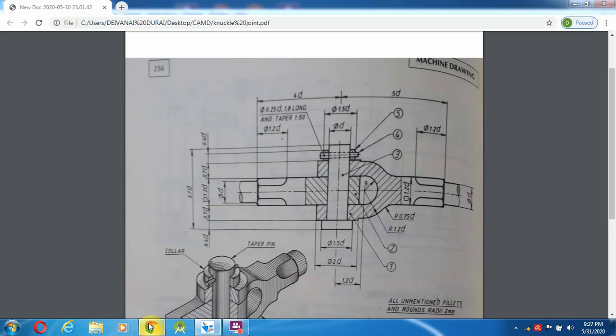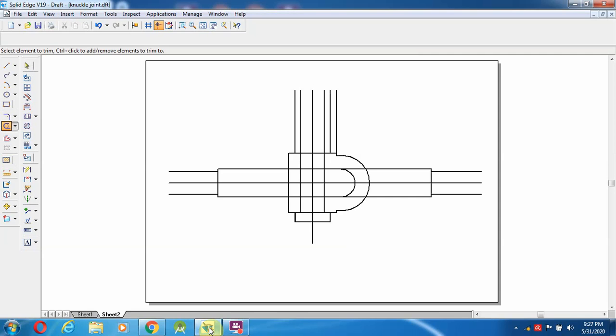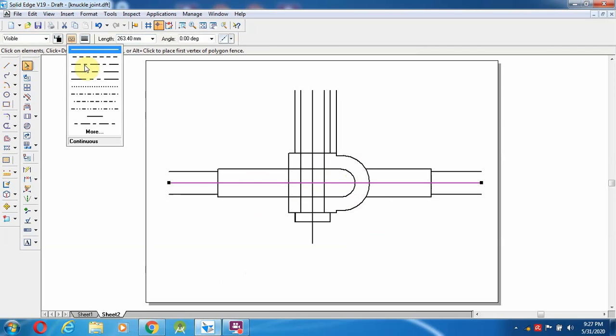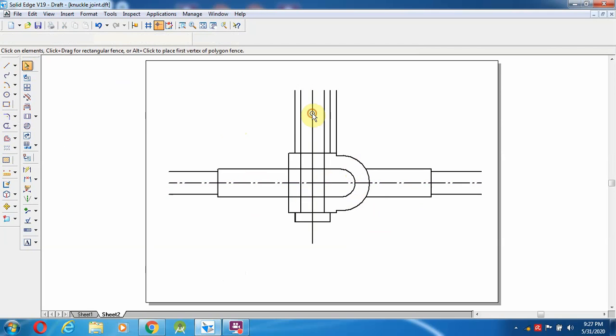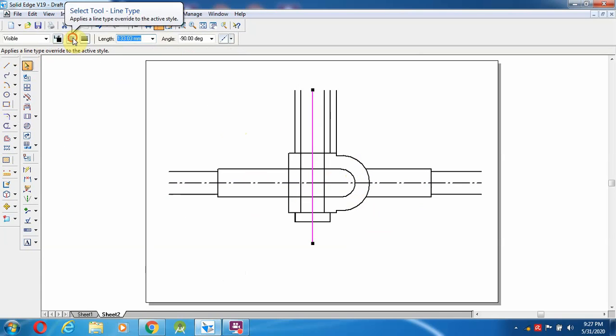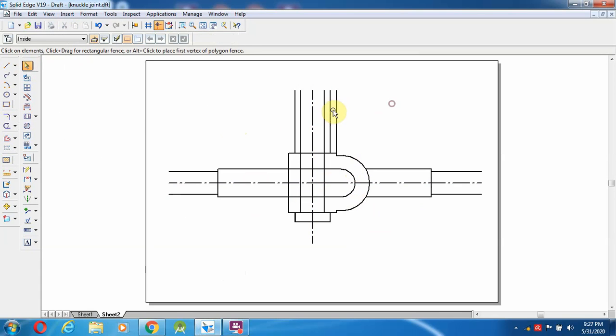For the middle, this is the line required, and even here it's not required. This line I drew for reference purposes, so I am going to make this an axis line, this also an axis line. We are not going to copy with the middle line, so that is converted to an axis line.